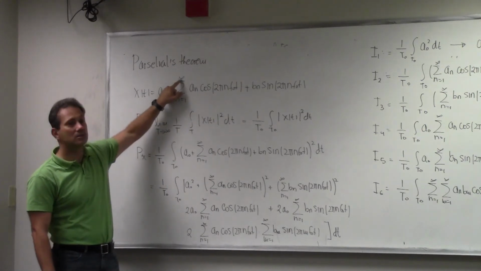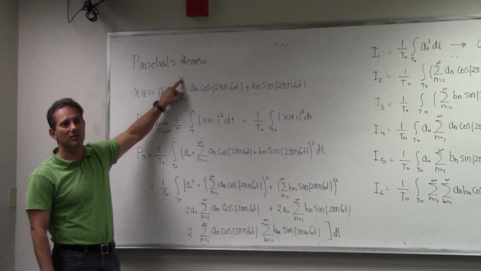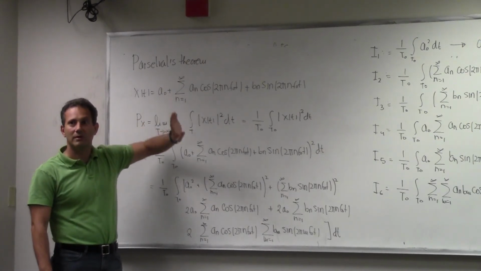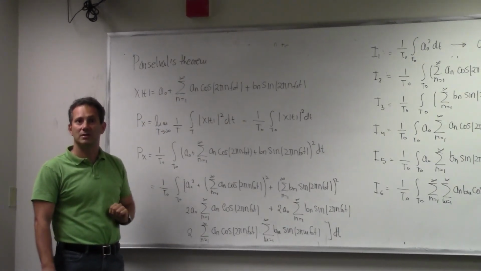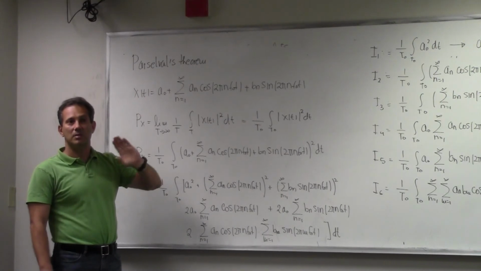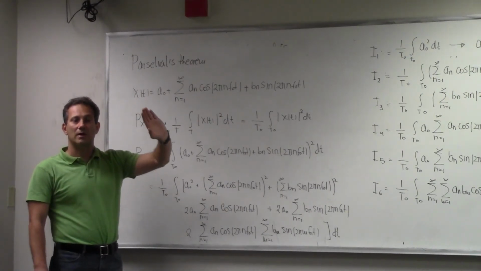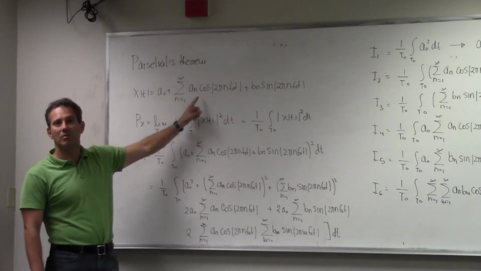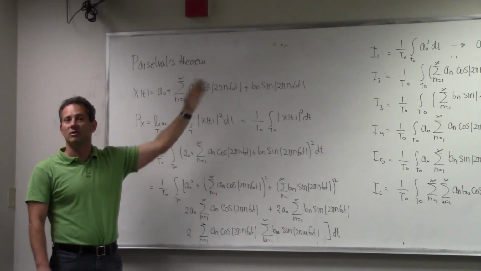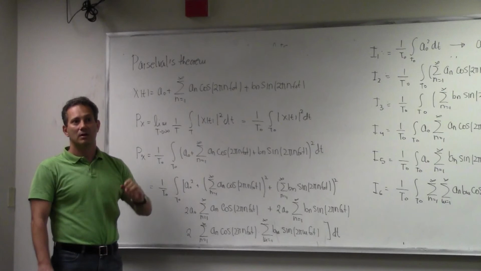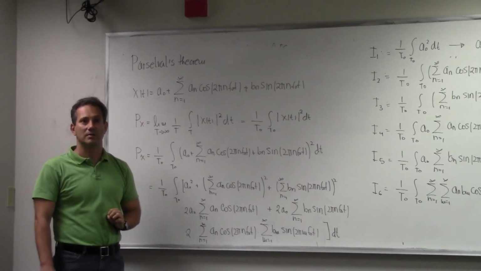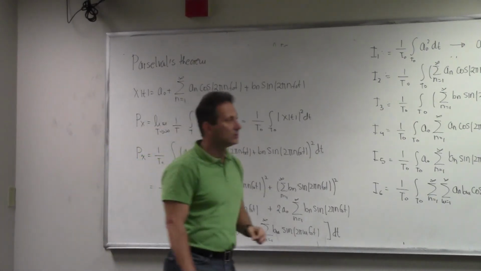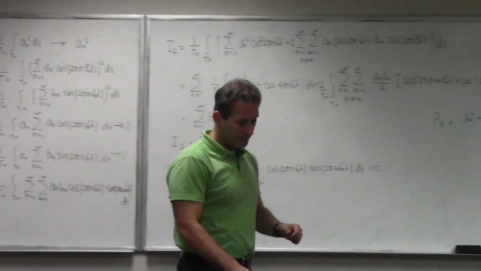Therefore, I can cut this and not go to infinity. I can go to some finite n if I'm willing to live with an approximation of my signal, and I can be in complete control. If I want to capture, let's say, 99% of the power, this will tell me how many components I need to keep, and I get rid of all the rest, knowing how much of a compromise I'm making. We're going to come back to that.